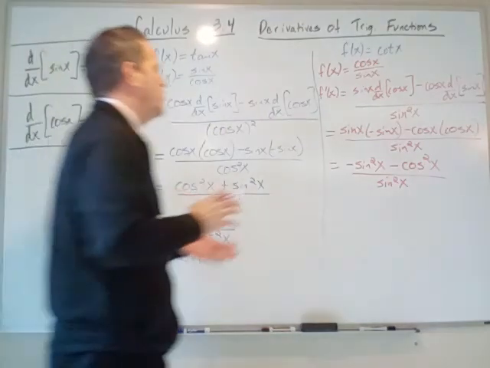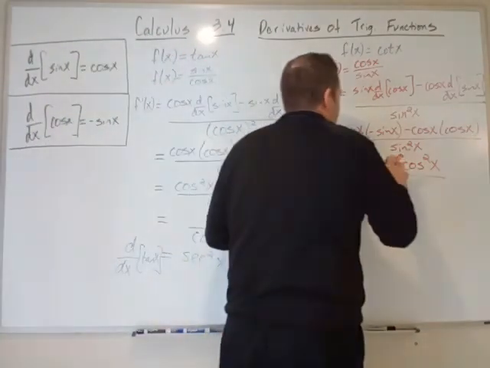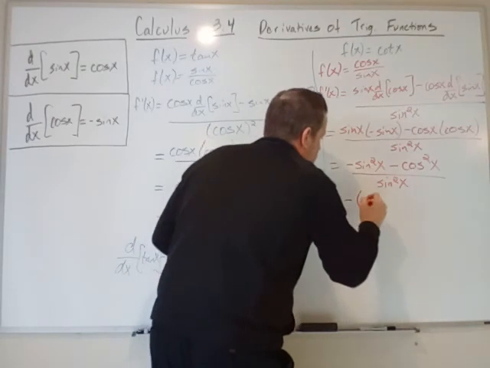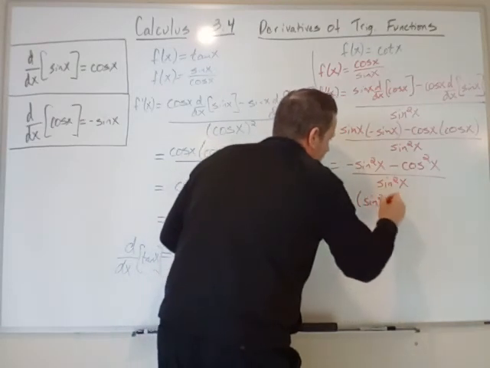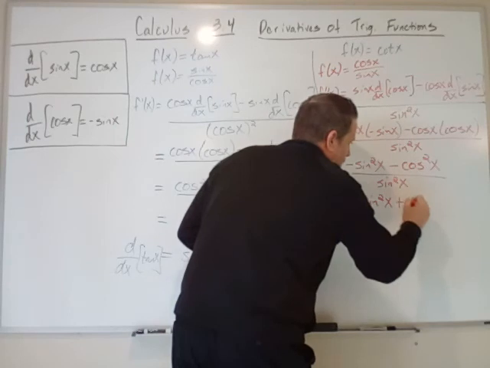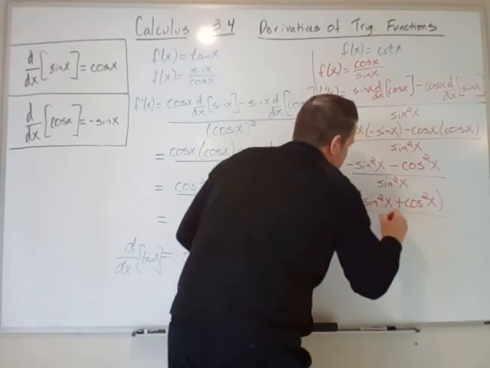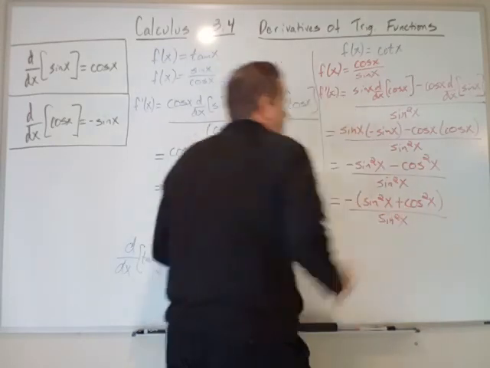Okay, so in this one, we've got negative sine squared and a negative cosine squared. So let's factor out a negative sign in the numerator. Once we do that, I've got sine squared of x plus the cosine squared of x, and again, this is over the sine squared x.